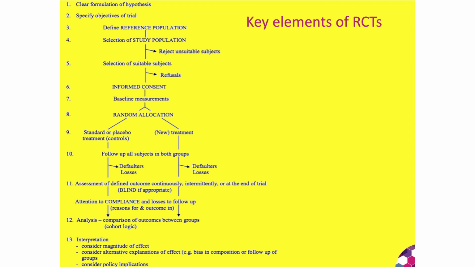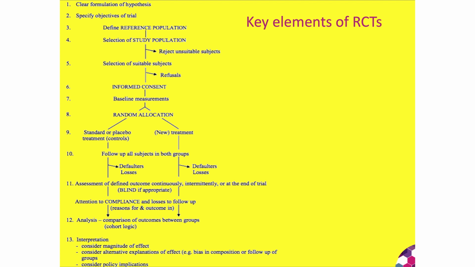Where we have invited people who don't meet our criteria for inclusion, we will reject those unsuitable participants, and we will continue on with our suitable participants and subjects, and then they may refuse or decide not to take part at this stage and drop out of the study.